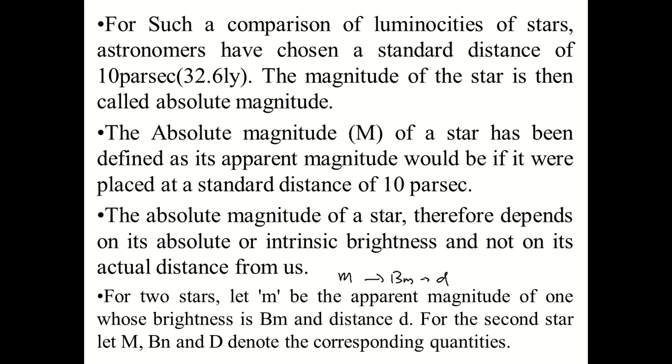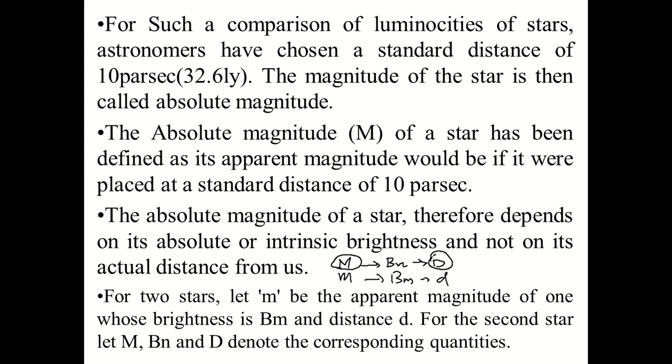For the second star, let capital M be the magnitude and Bn be the brightness, and it is at a distance of capital D. Here capital M actually represents the absolute magnitude, so this D will be 10 parsec.